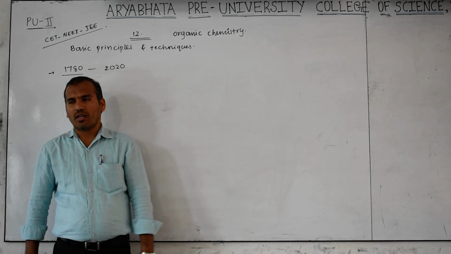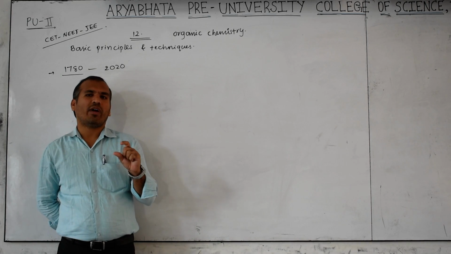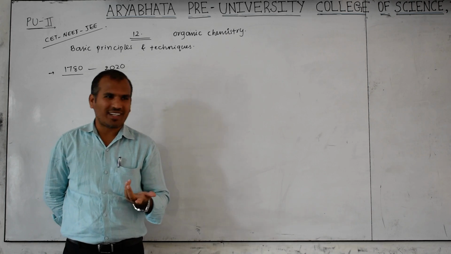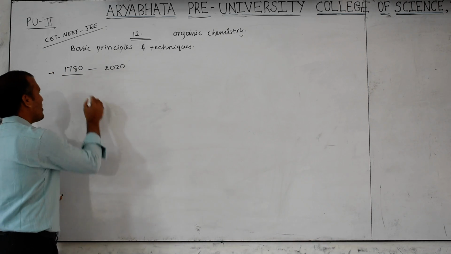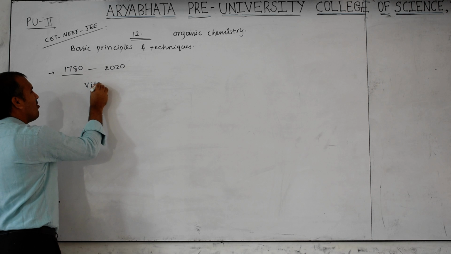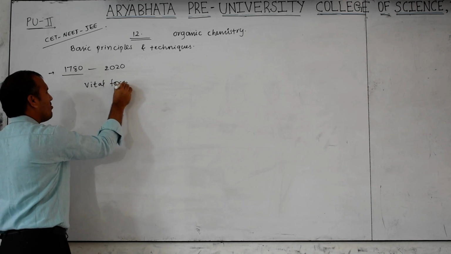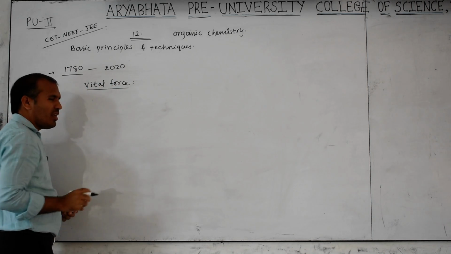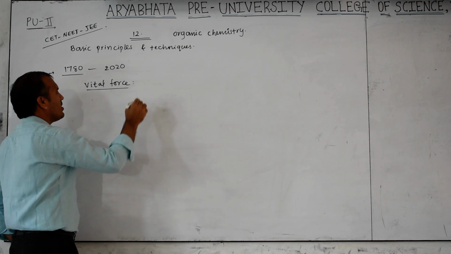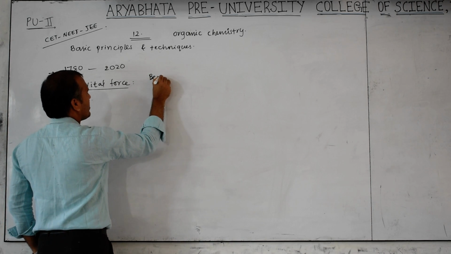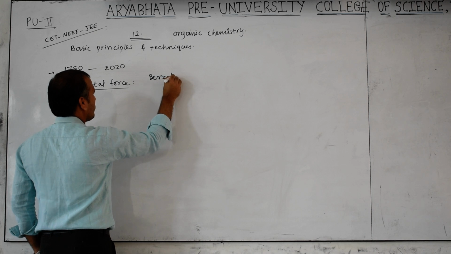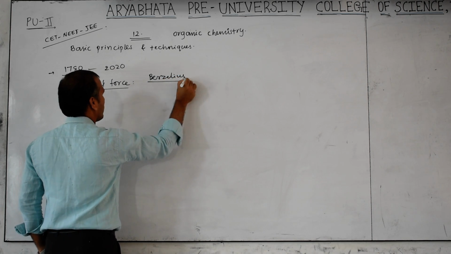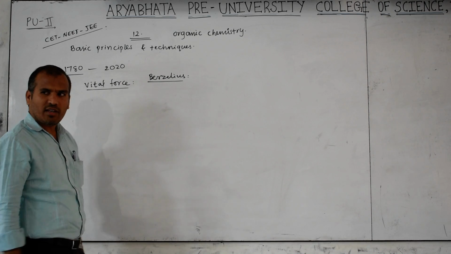To form any organic compound, a vital force is required. You know in biology, vital force is a statement given by a scientist named Berzelius. It is also called the vital force theory.